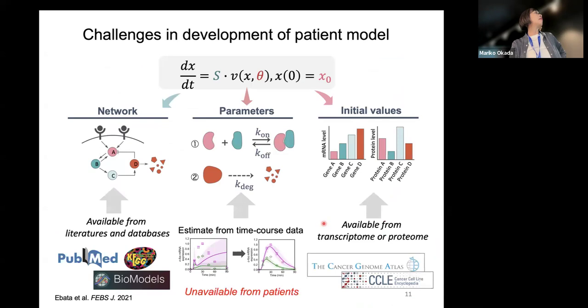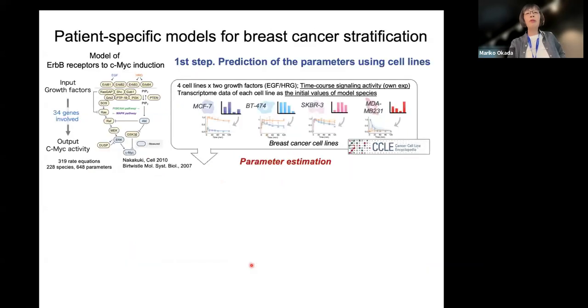The network can be constructed from the literature and databases, and the initial values can be obtained from transcriptomics or proteomics these days, even from public data. But parameters like K-on or K-off cannot be obtained from patient data. So this is a very difficult point in making a patient-specific model.